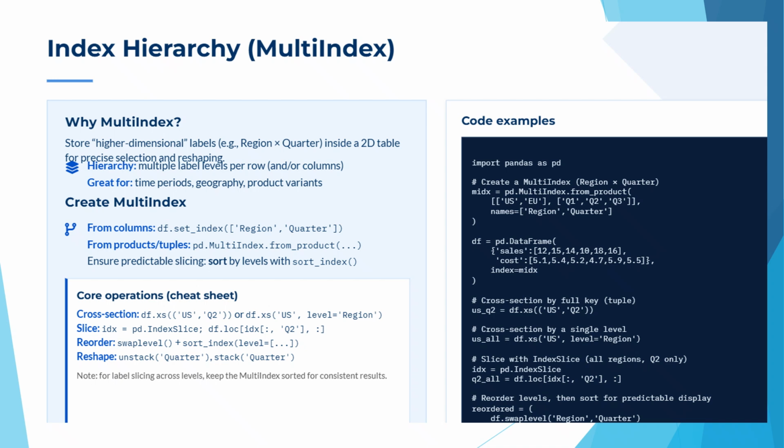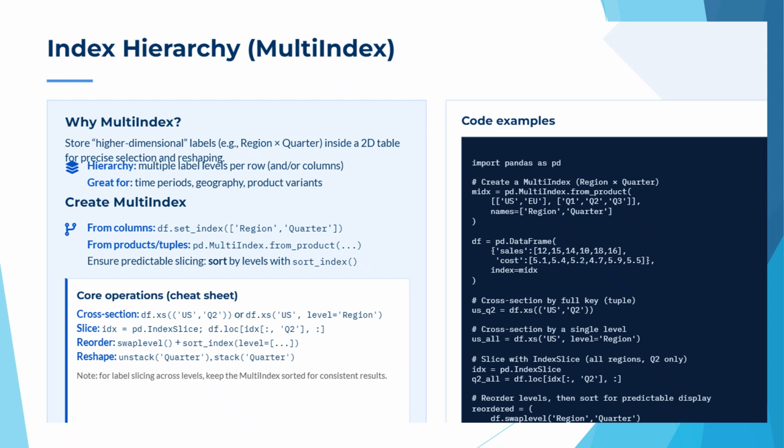There are several important operations that can be performed on multi-index data frames. The cross-section operation using df.xs allows selecting data based on a specific level or a full key, such as retrieving all values for a particular region or a specific combination like region and quarter.